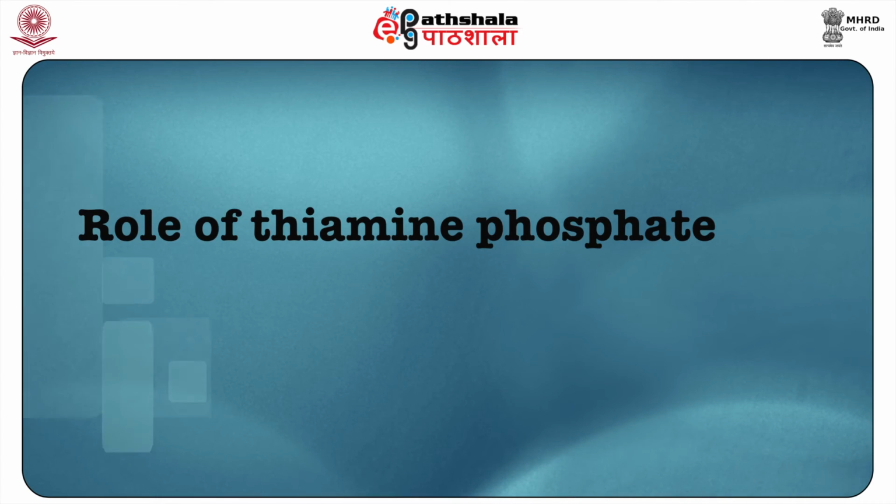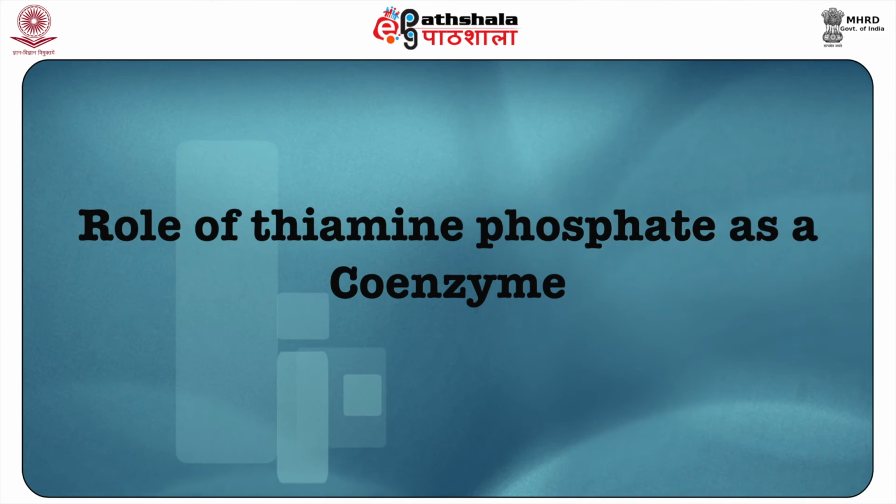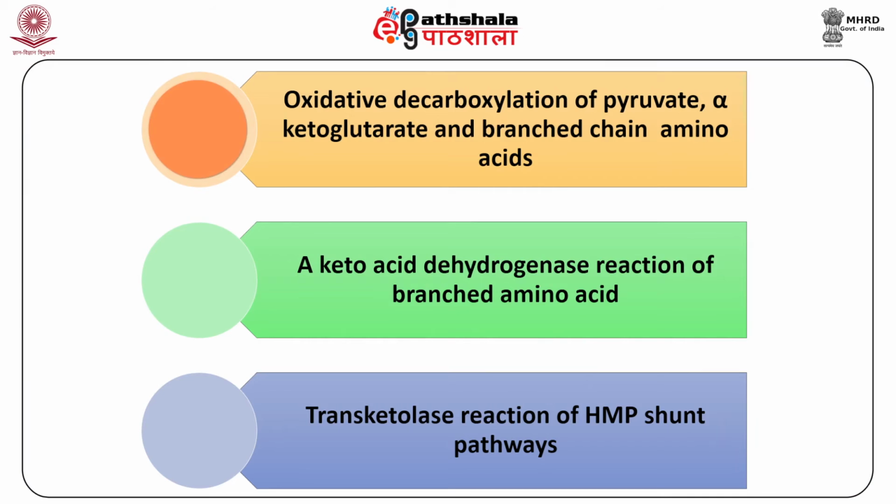Role of thiamine pyrophosphate as a coenzyme. Now let us study this role. Thiamine pyrophosphate participates as a coenzyme in reactions. First one is the oxidative decarboxylation of pyruvate, alpha-ketoglutarate and branched chain amino acids.